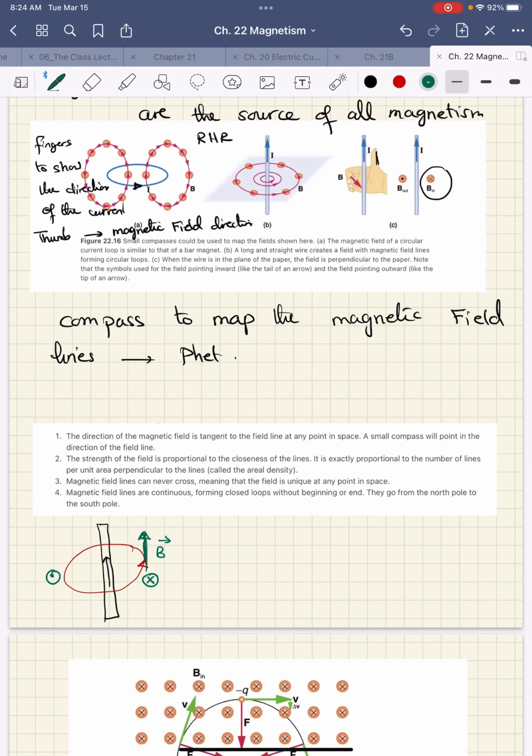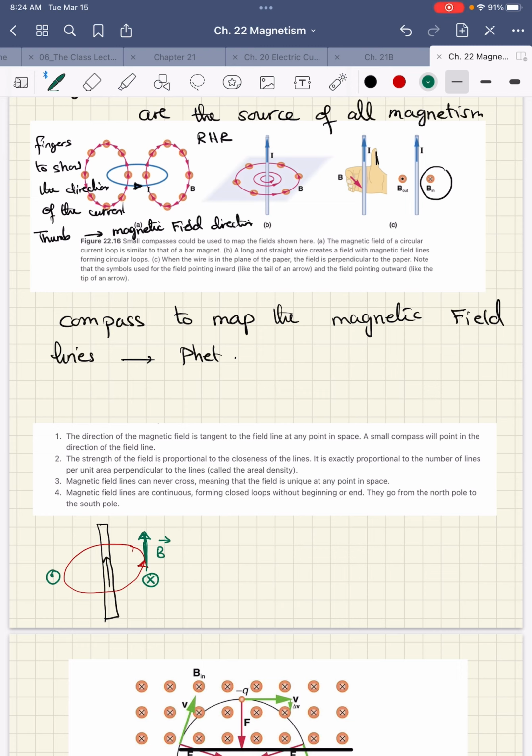Also, the strength of the field is proportional to the closeness of the lines. This is the density of lines, very similar to what we did with electricity. It is exactly proportional to the number of lines per unit area perpendicular to the lines, and we call this areal density.